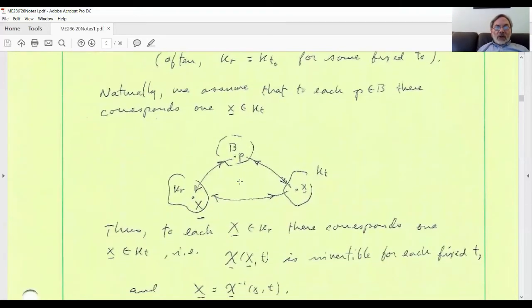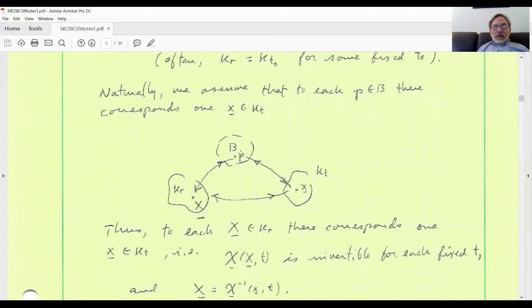So as I've mentioned, we assume that to each point of the body, so imagine the body is a kind of abstract manifold, P belongs to the body. So the material point has an identity all of its own, regardless of how we perceive it in physical space at any time.